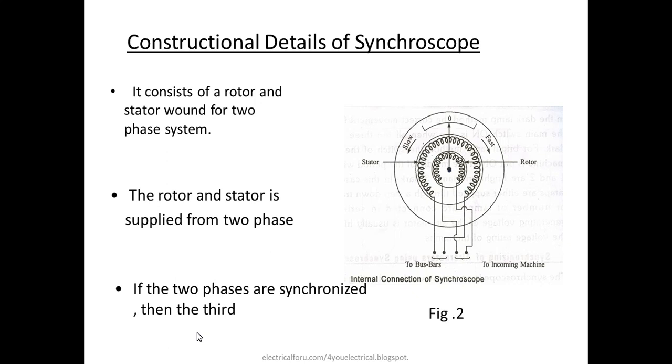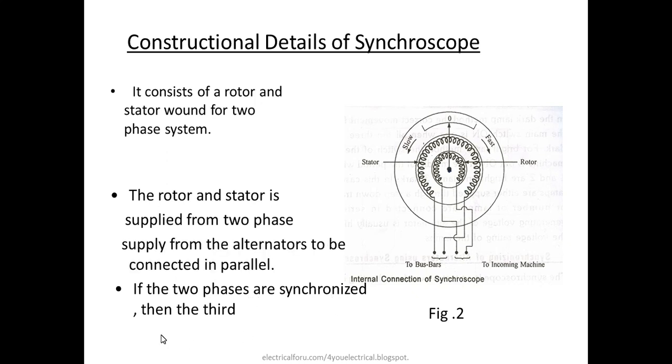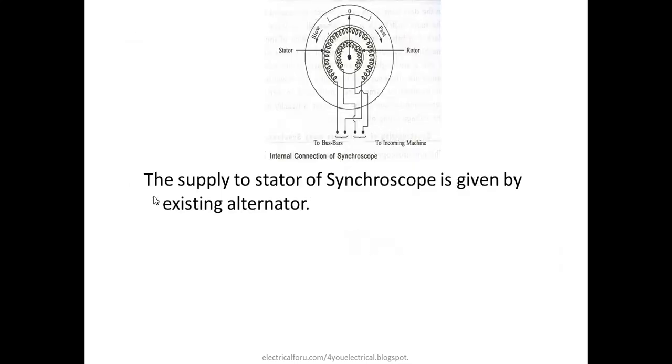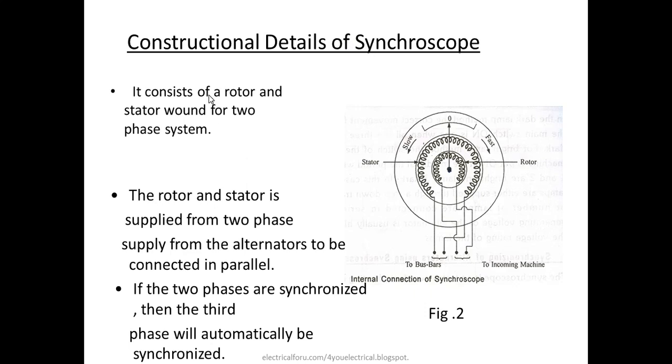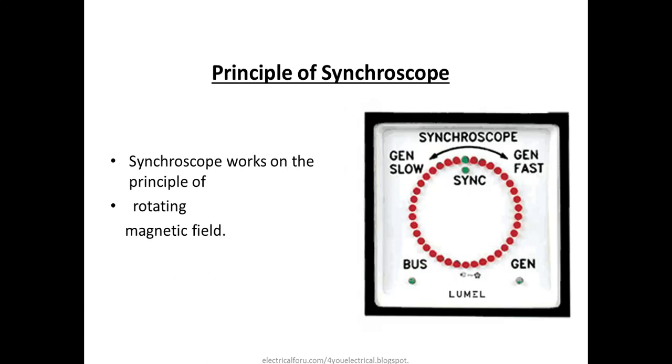If the two phases are synchronized, then the third phase is also synchronized. For showing the finger, we have a needle like this, and the one needle will show whether the generator is going fast or slow.